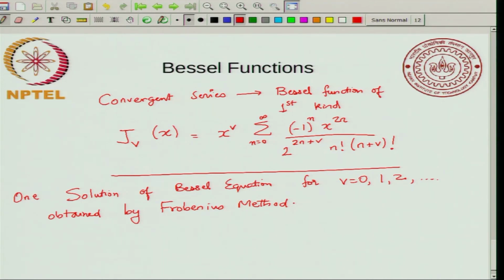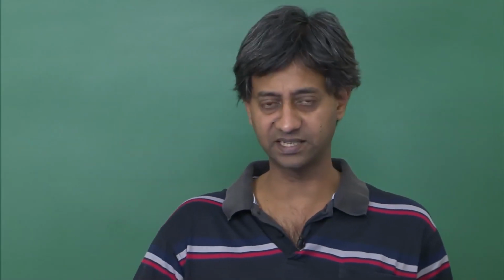The other solution is obtained by variation of parameters, and it is sometimes called the Bessel function of second kind.